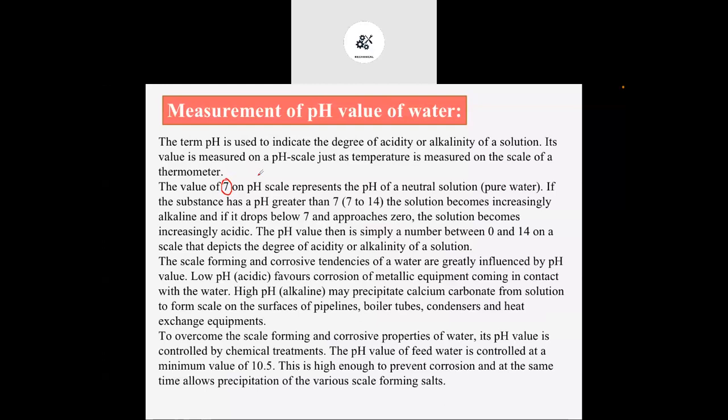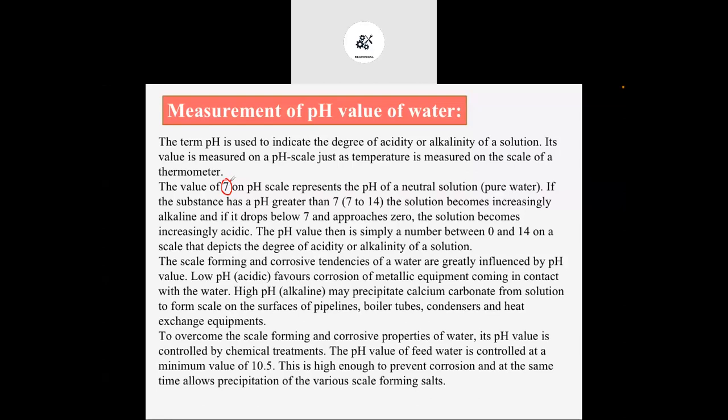If the pH value is greater than 7, that solution is an alkaline solution. So there are three types of solutions: acidic, alkaline, and neutral. If the pH value is 7, we consider the solution neutral. The best example of a neutral solution is pure water.